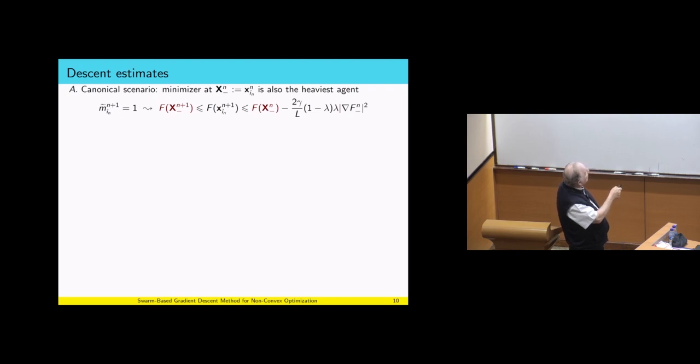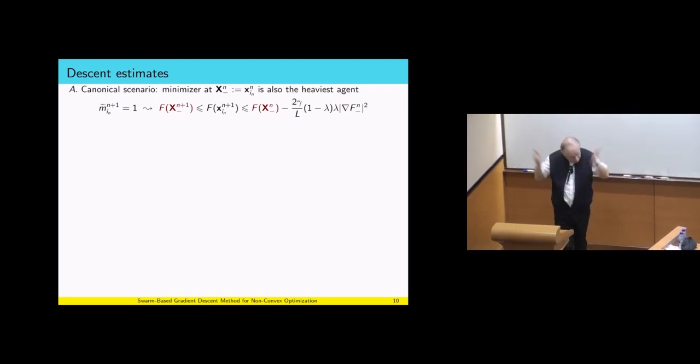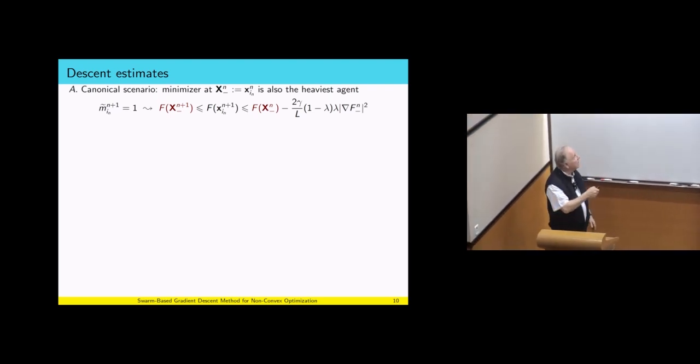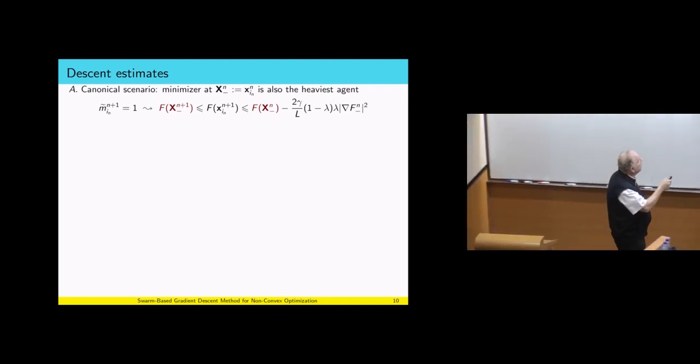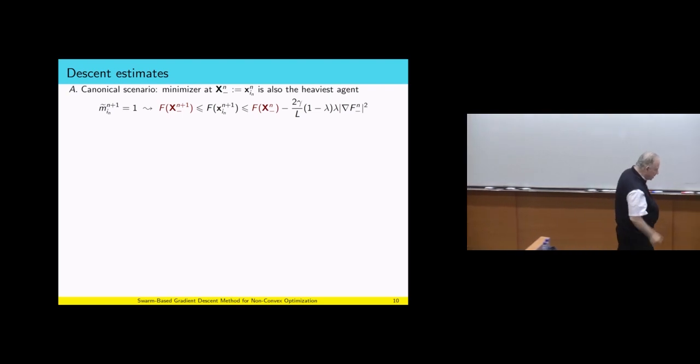We dominate f at x minus n, but f at x minus n plus 1 need not be the minimizer. But it's clearly larger than the minimizer wherever it is, because the minimizer is the minimizer. So we get that f at x minus n plus 1 is less than f at x minus n minus something. I just need this something.